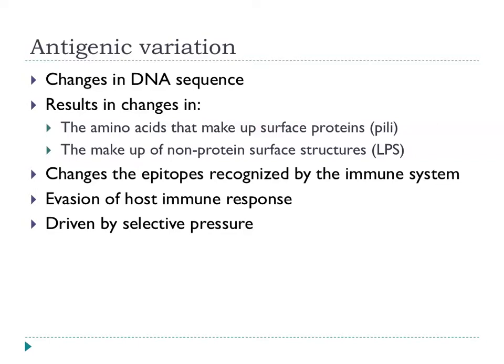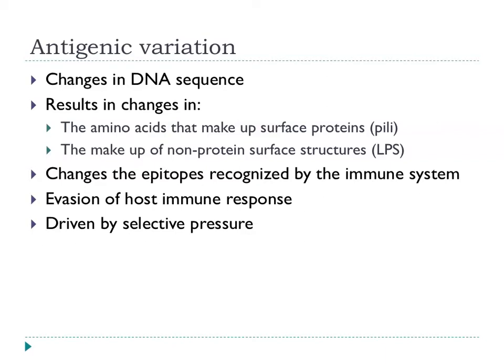But these changes in DNA sequence can also make changes in the pathways that synthesize non-protein components, so that with the lipo-oligosaccharide component, you can have different sugar moieties deployed on the outer surface. And so this is basically changing the epitopes that the immune system is seeing. It evades the immune response.